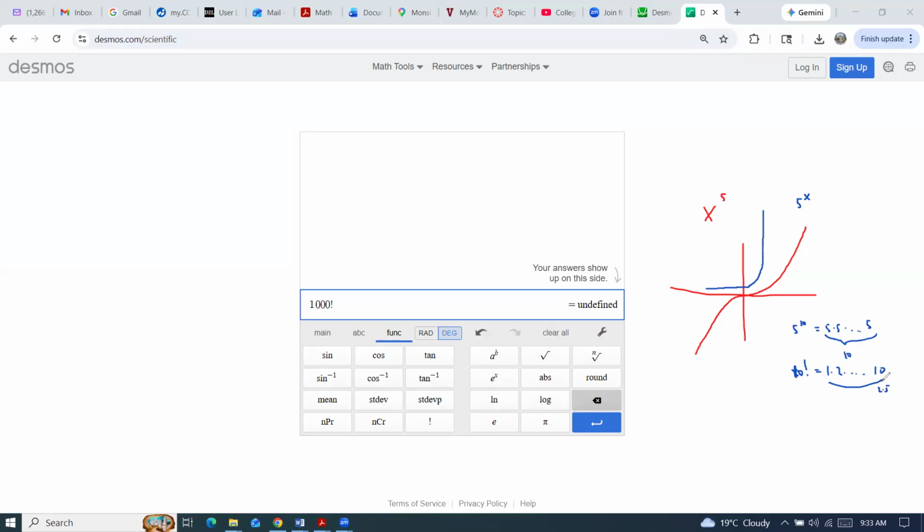So eventually you will see that if you take 5 to the 11th power versus 11 factorial, instead of an extra 5, you will have an extra factor 11, which is bigger. So the point of the story is that the factorial graph, they don't even want to show you, but it is even faster.